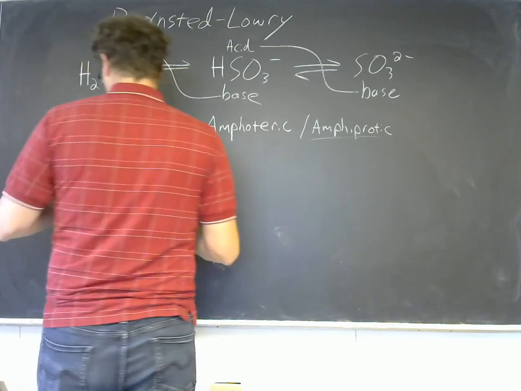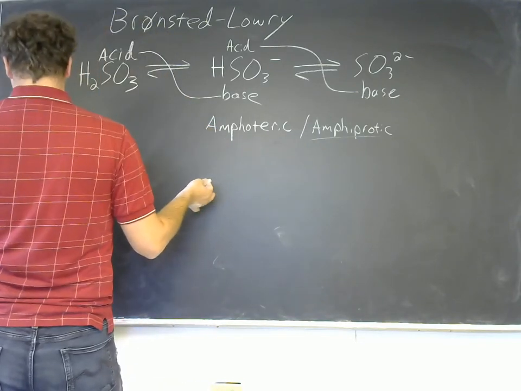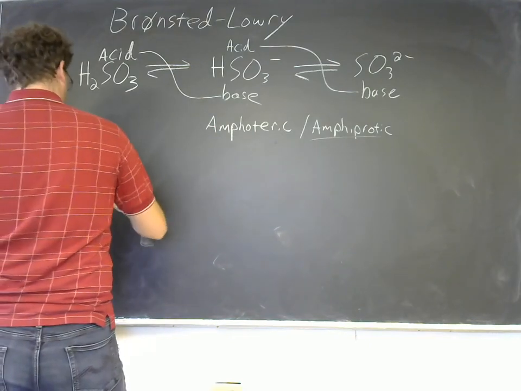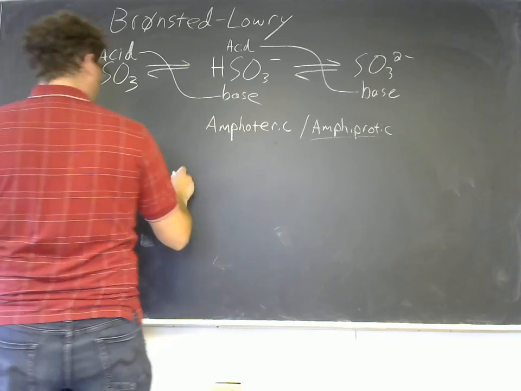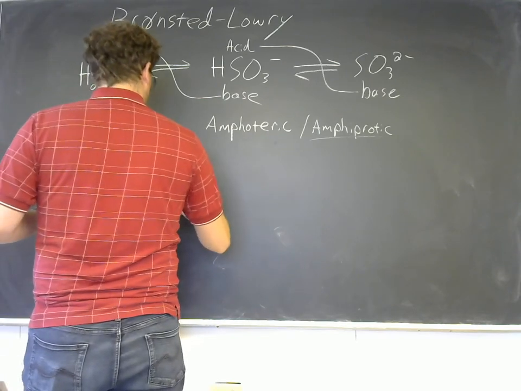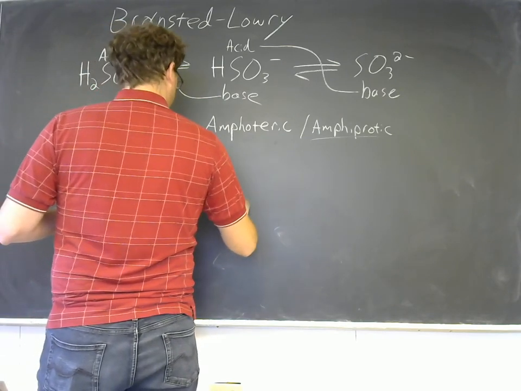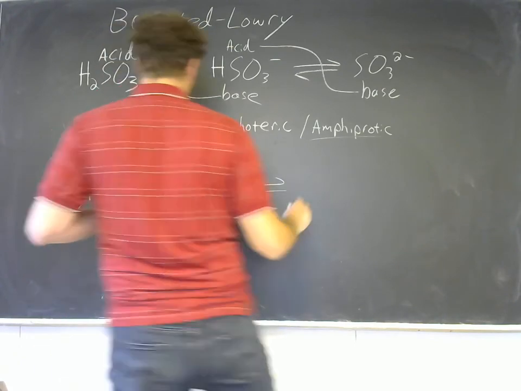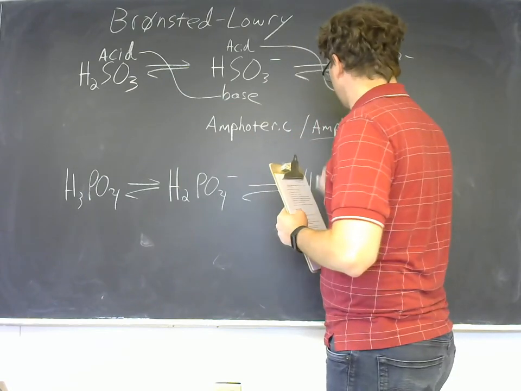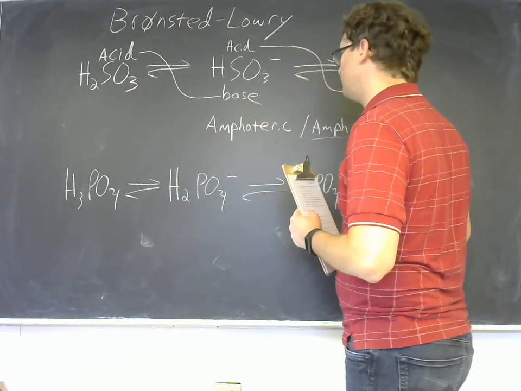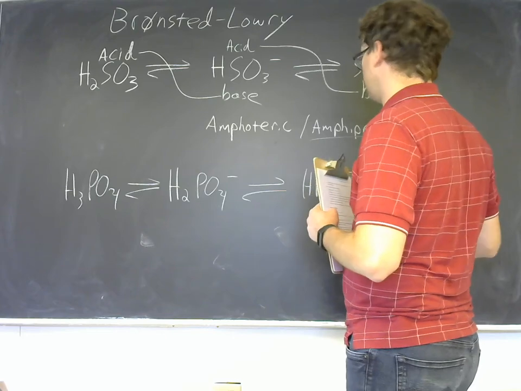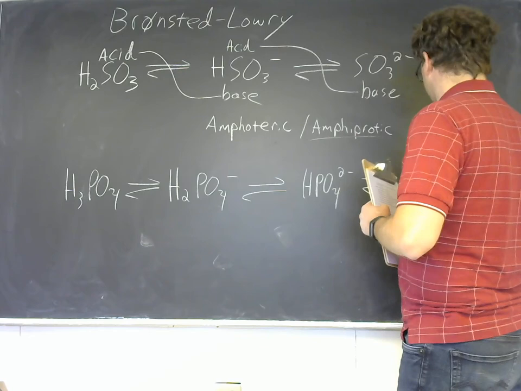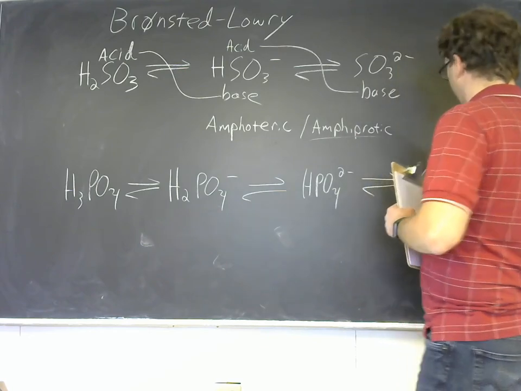Here's another really good example. H3PO4. Well, that can donate a proton, and we're left with H2PO4 minus. And then we're going to have HPO4 2 minus. And then we're going to have just PO4 3 minus.